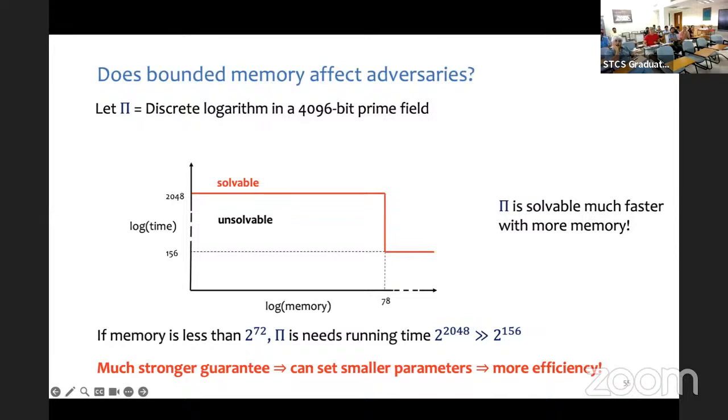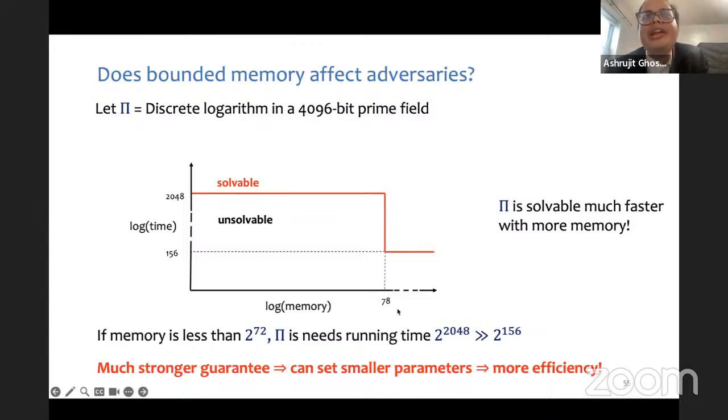No, so these are concrete numbers. I'm plotting, say, I want an adversary to achieve an advantage of, say, 2^-10. Say I set that threshold, so an adversary breaks the discrete logarithm problem with probability 2^-10.